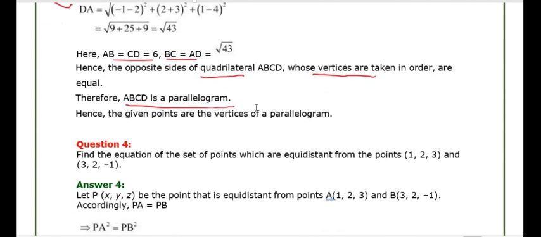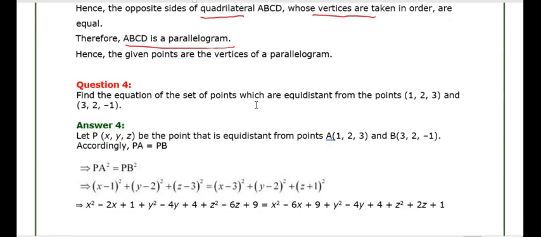Over. Question number 4. Now this is very, very important for you from the exam point of view. Find the equation of set of point. When this question is there, you must remember, you should suppose any point P, x, y and z.